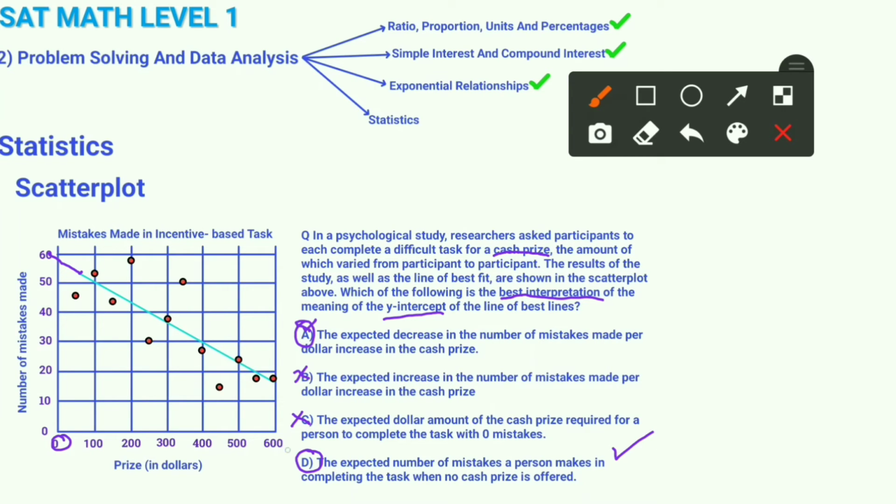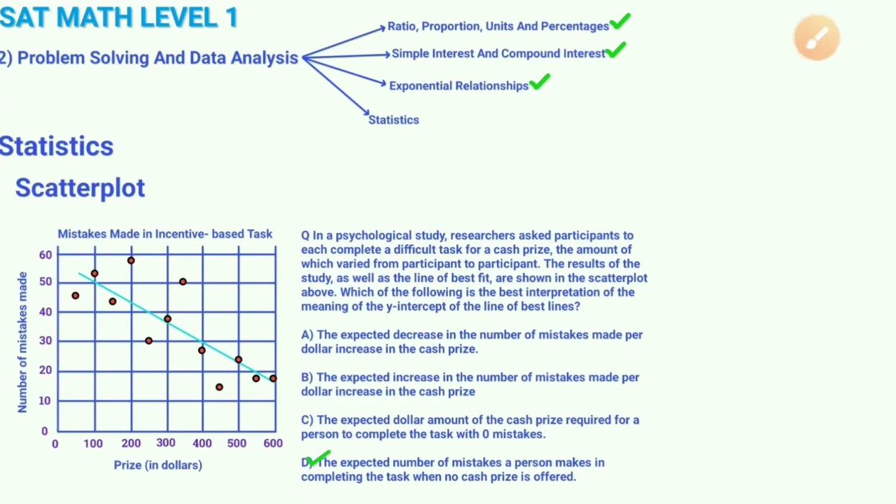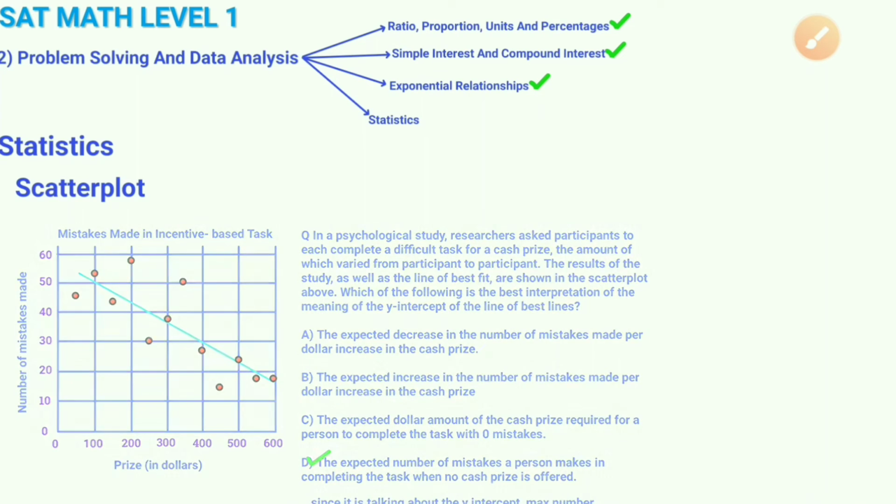This one is right. It is telling us that at the y-intercept, the expected number of mistakes a person makes in completing the task when no cash prize is offered is 60. Yeah, D is the answer, since it is talking about the y-intercept.